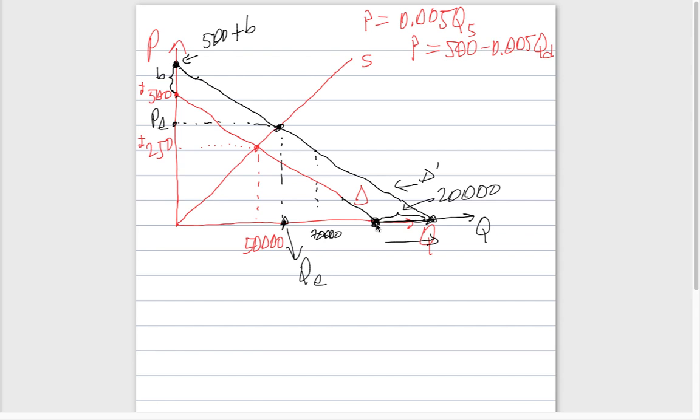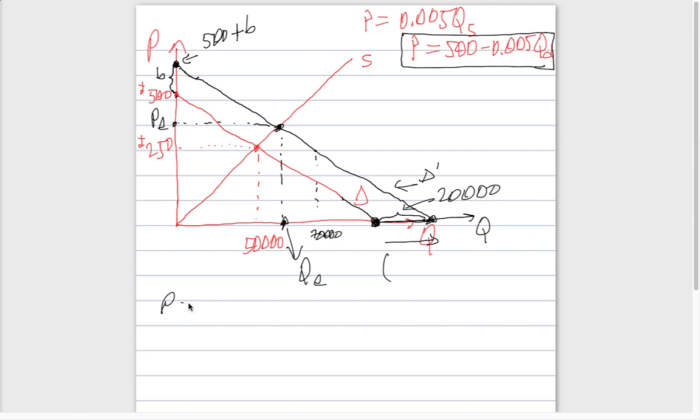What is this point? At this point, the demand curve has coordinates of some quantity but zero price. At this point, price is 0. So we can find this quantity by plugging values of P into this equation.